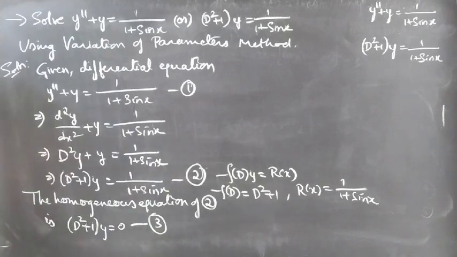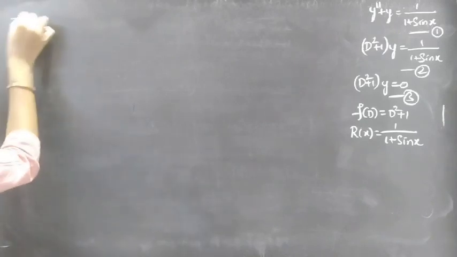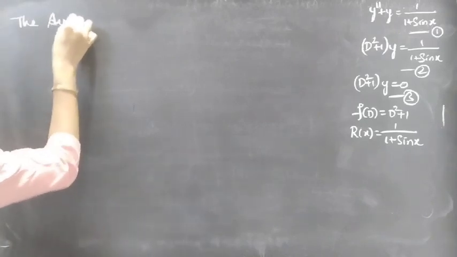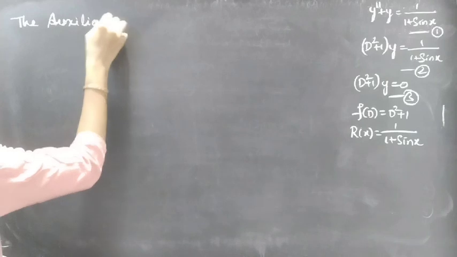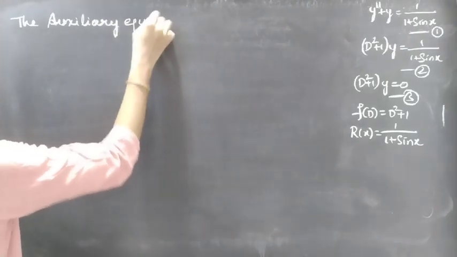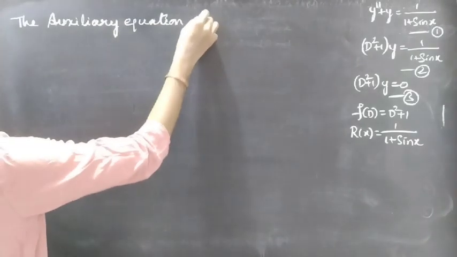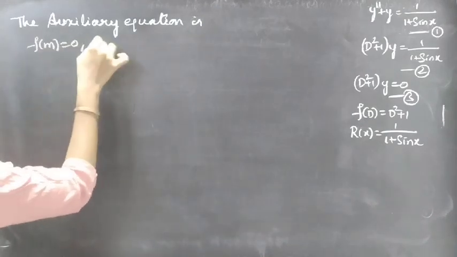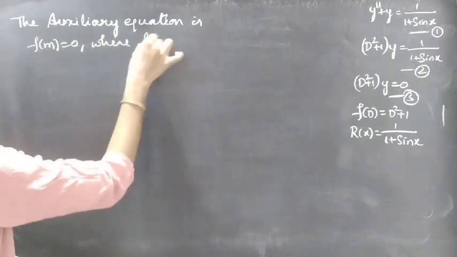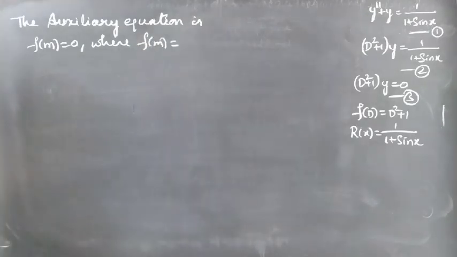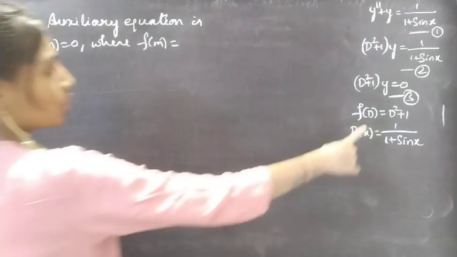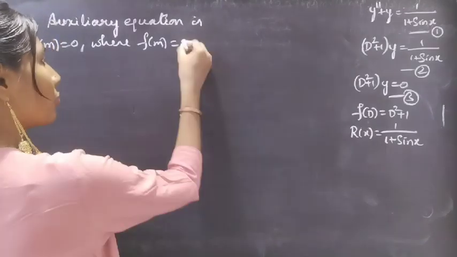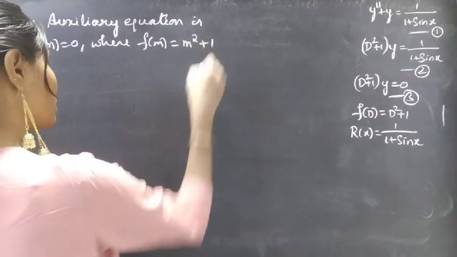Now coming to the auxiliary equation. The auxiliary equation is f of m equal to 0, where f of D is D square plus 1. Let's replace differential operator D by m, so that we get f of m equal to m square plus 1.